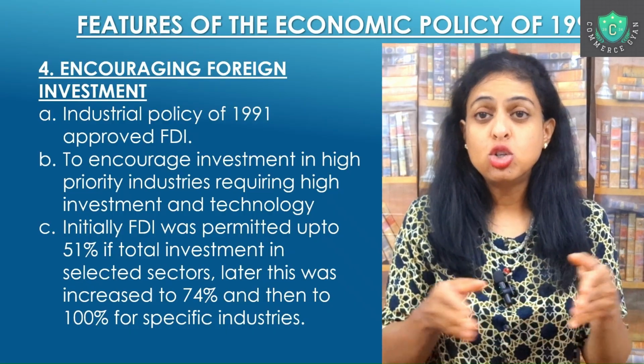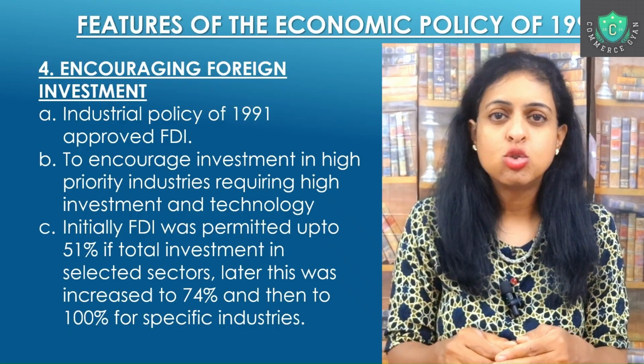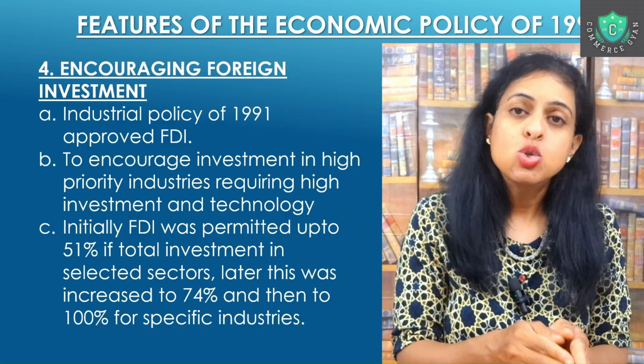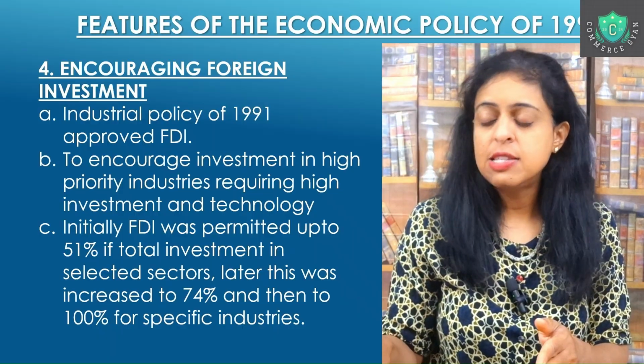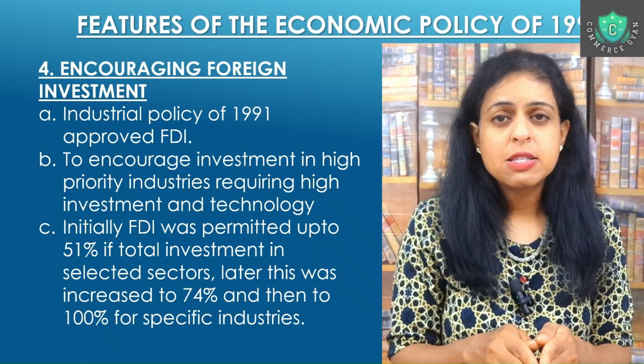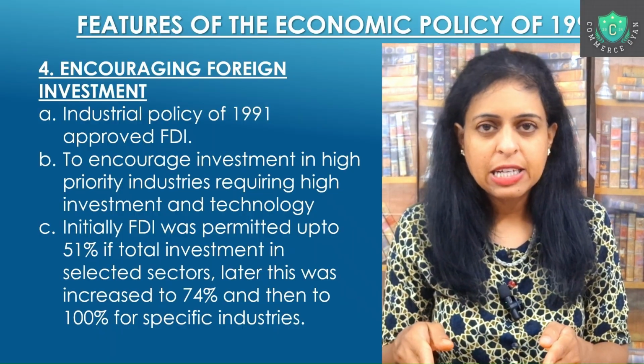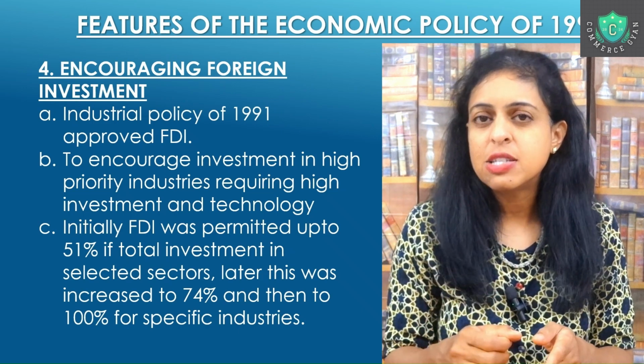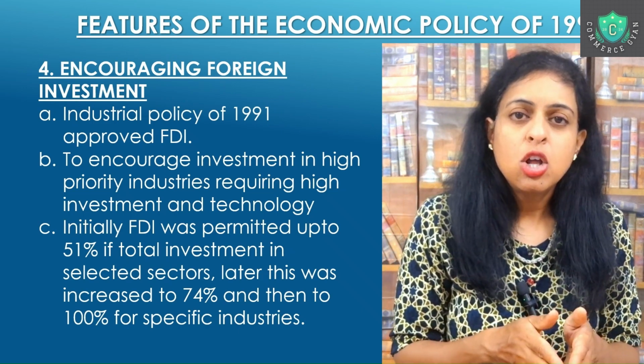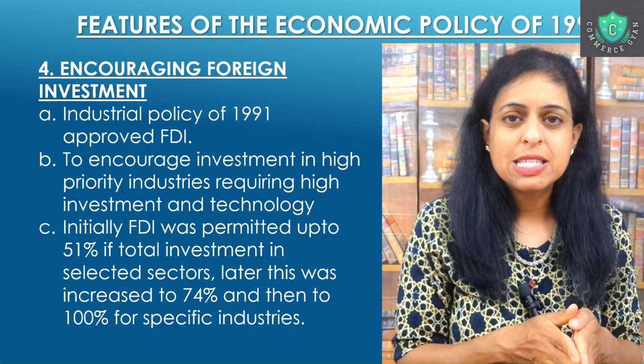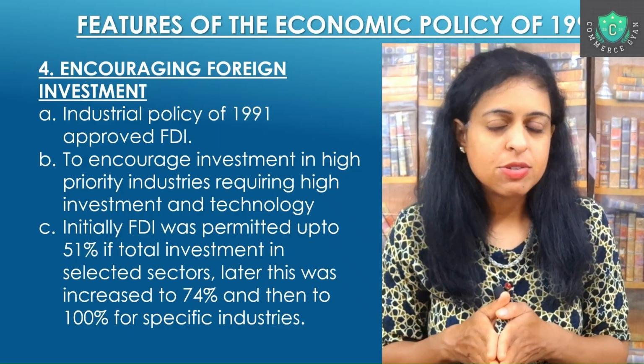So that's important to not lose the entire control to a foreign player. Any industry which is of key significance should be considered at a lower foreign direct investment. Like, suppose we say defense should be kept at a lower, non-controlling stake in the hands of foreign players.